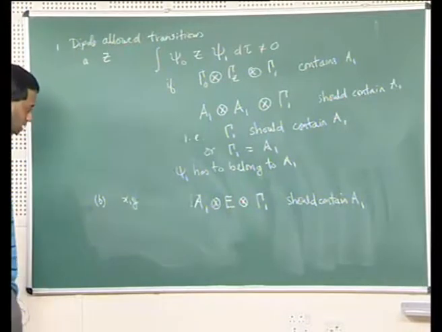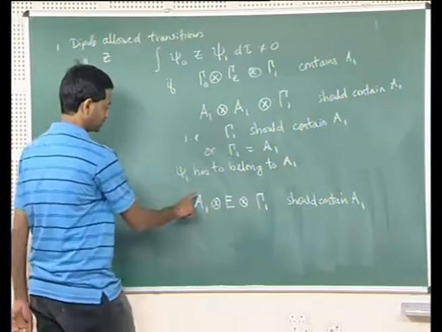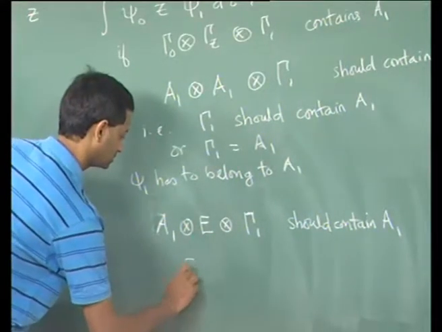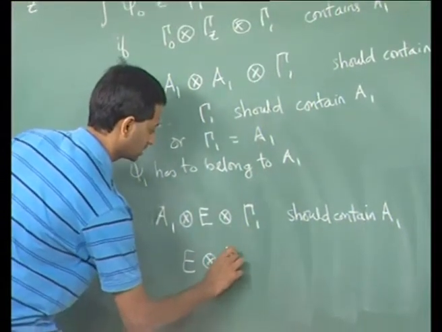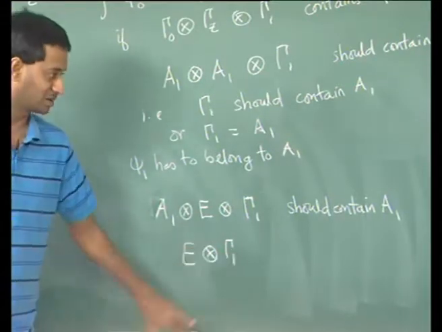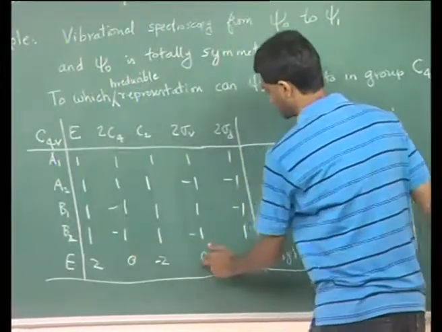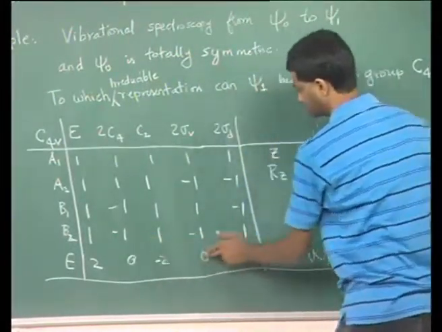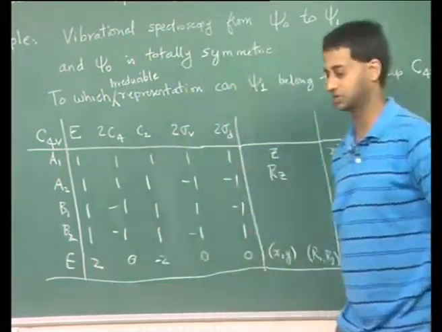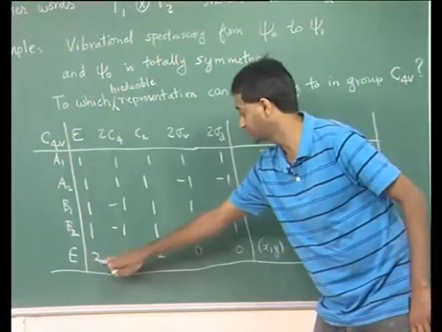Now suppose I take A1 times E, I will just get E cross gamma 1. Now you have a direct product of E and gamma 1. Now you look at the characters of E: these three terms are 0 and only these two terms are non-zero.